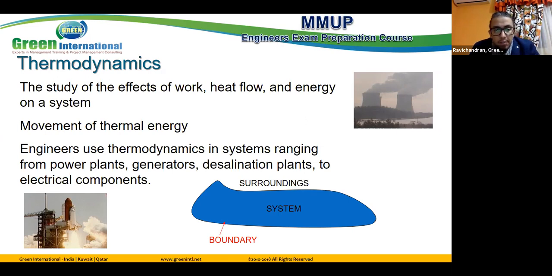Here it describes three important things. When you're going to study something, you need to define three things: boundary, system, and surrounding. What is the system? This is what you want to study. And if you want to study something, we need to make a wrap, a surrounding for it.